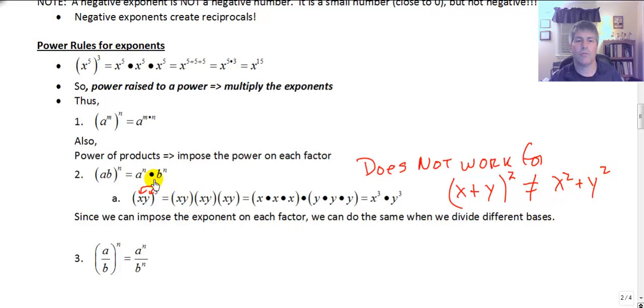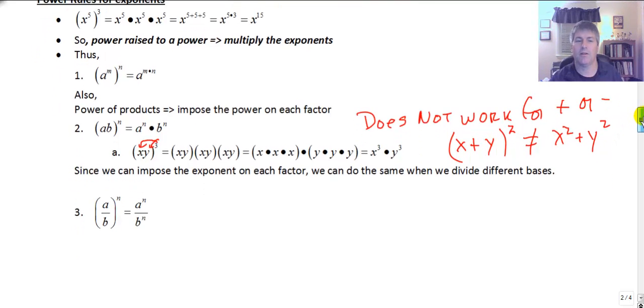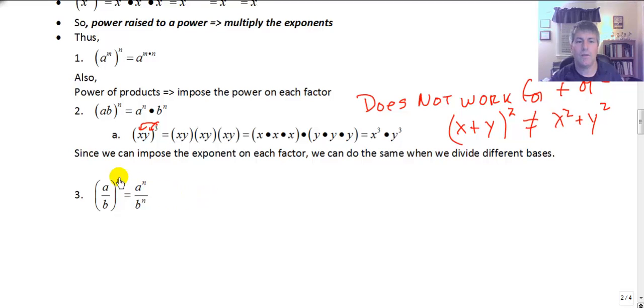It only works when we're multiplying, not for addition or subtraction, or within a binomial, or trinomial, or anything else. So, since we can impose the exponent on each factor when we're multiplying, we can do the same when we divide different bases. So if we have a divided by b to the n, yes, it is algebraically sound to impose that n on both the numerator and the denominator, get a to the n over b to the n.